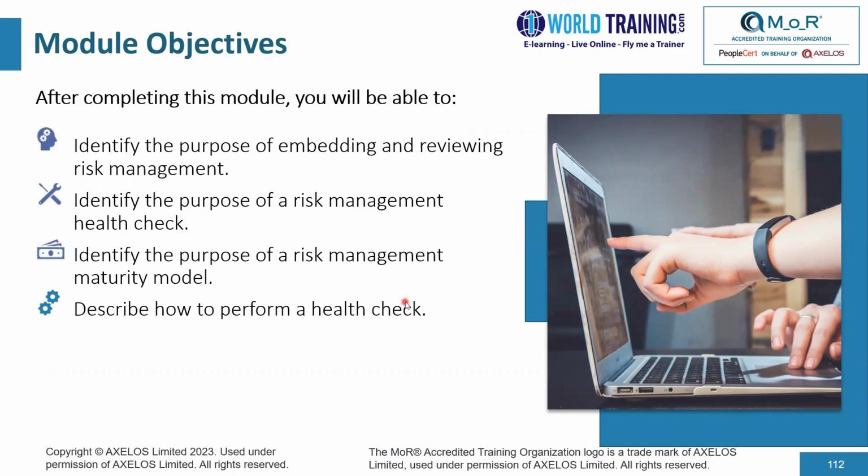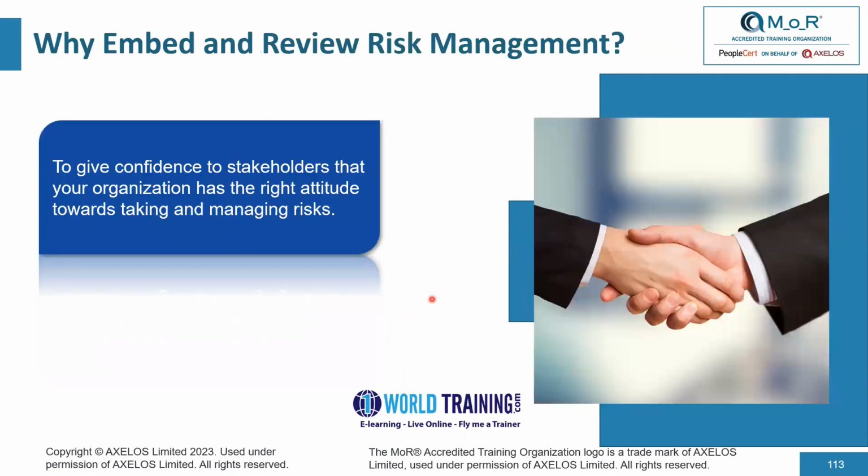But even before we move into any of these objectives, one of the key questions we might want to ask is, why do we need to embed and review risk management? To primarily give confidence to stakeholders that the organization has the right attitude towards taking and managing risk.